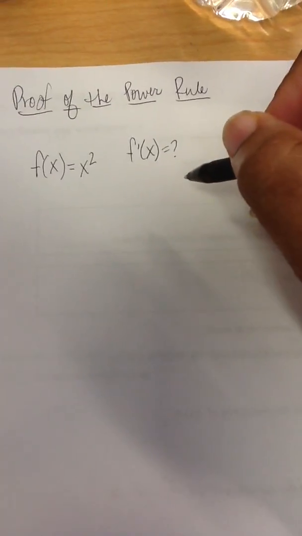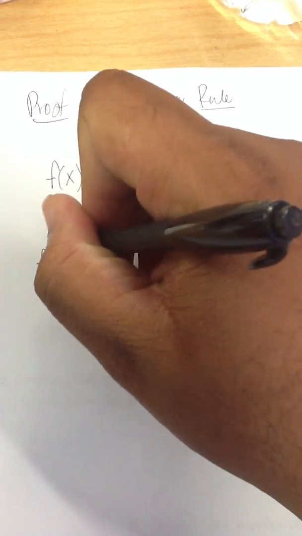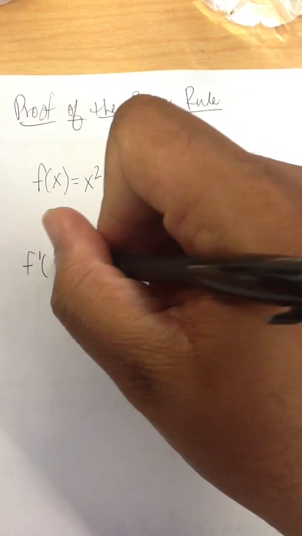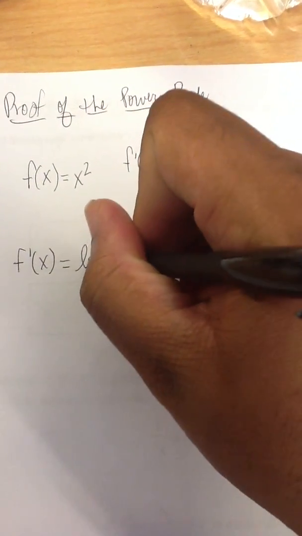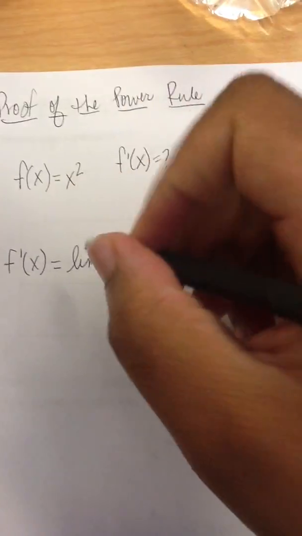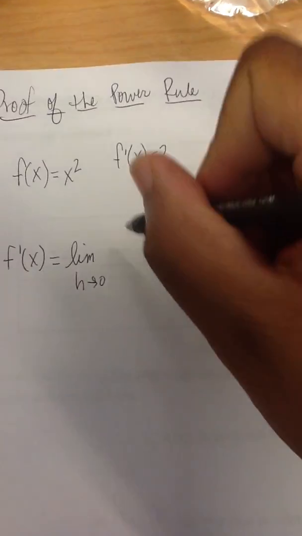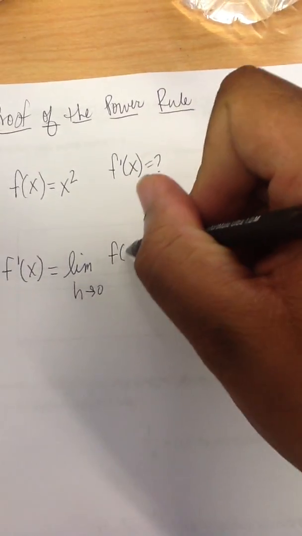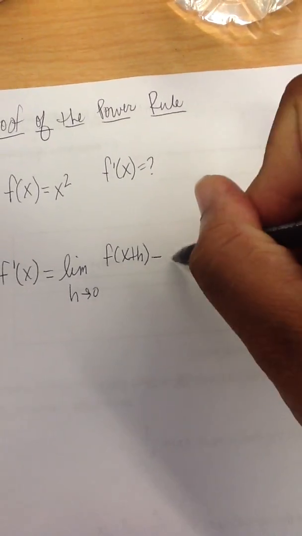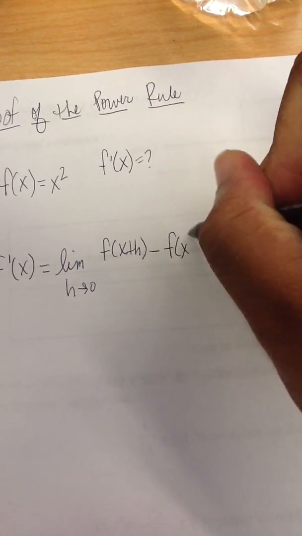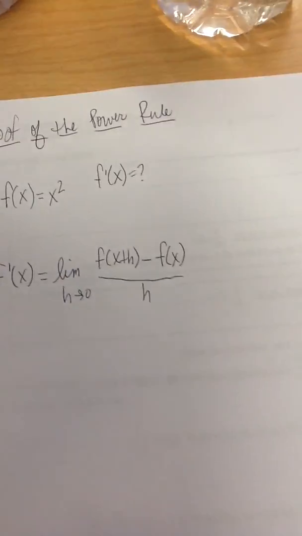Well, that's where I use my difference quotient. f prime of x equals the limit as h approaches 0 of f of x plus h minus f of x, all over h.